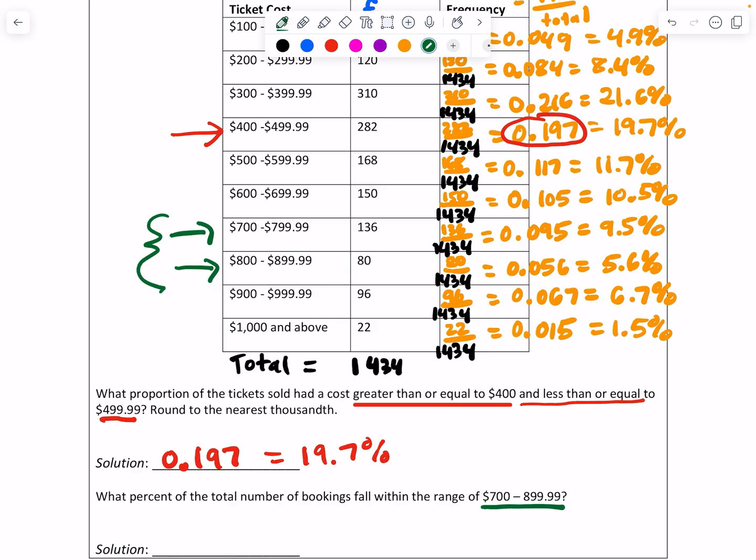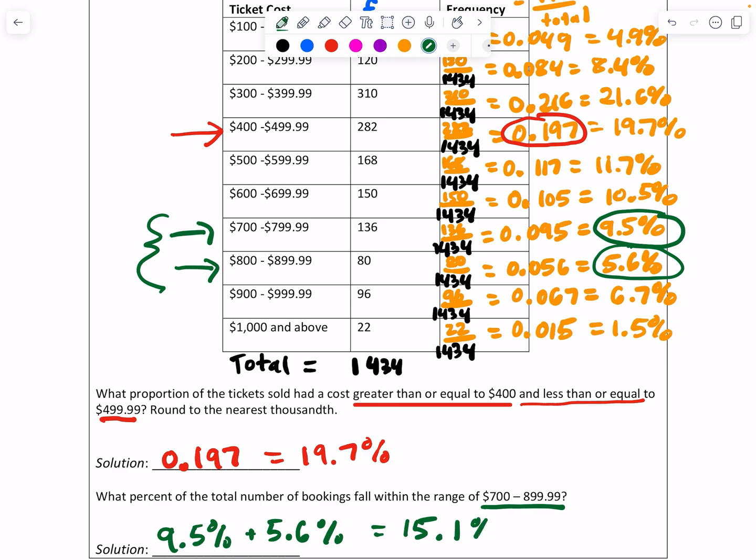I need 9.5% and 5.6%. If you add those together, you would get 15.1%. And that would be our answer. 15.1% were between 700 and 899.